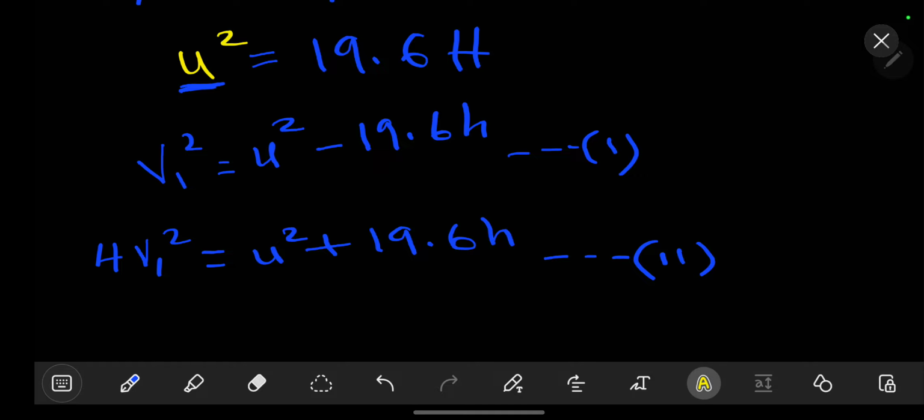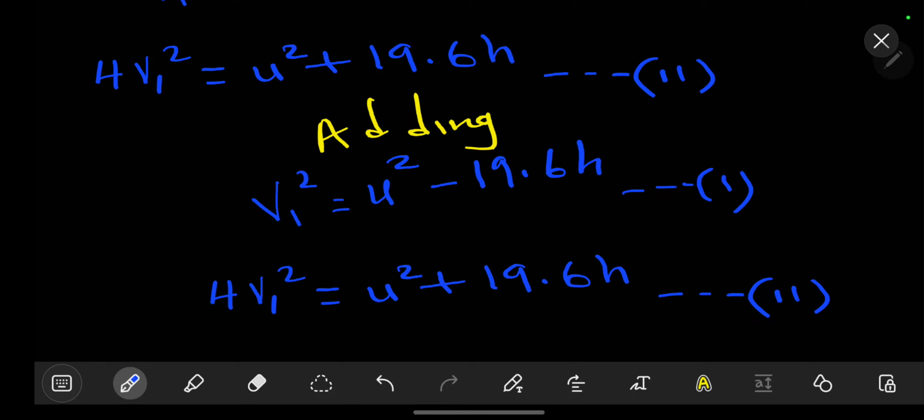With that considered, we need to first work out these 2 equations. As long as one is negative and the other one is positive, you can add these 2 equations. Because if you add negative 19.6 plus 19.6, it will give you 0, meaning one of them can be eliminated.